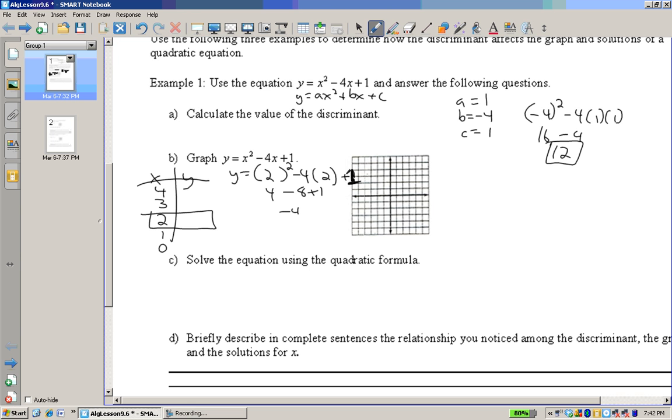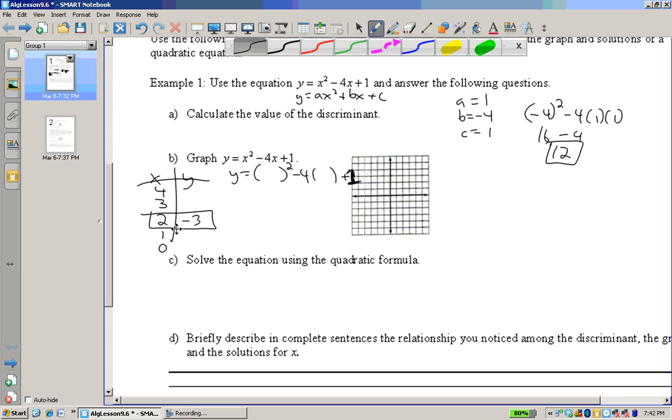That's going to be negative 4 plus 1 is negative 3. Plug in, well, 0 is very easy to plug in. I love plugging in 0. So that's 0 minus 0 plus 1. So that's positive 1. Always love that. Very easy to work with. And 1 is pretty easy to work with too.